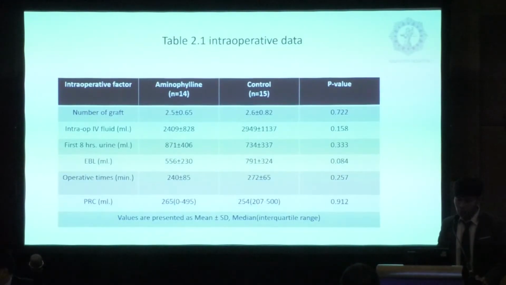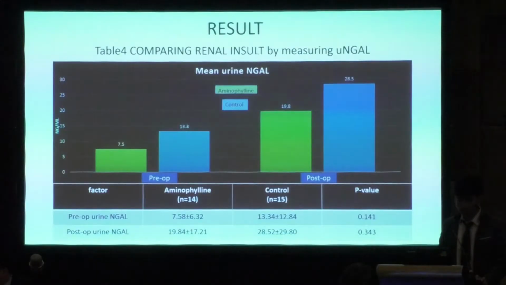For the intraoperative data, they are the same between the two groups. And for the main results, renal insult measured by mean urine NGAL is lower in the aminophylline group with a mean of 19, meanwhile the control group has a mean of 28, but not significant.